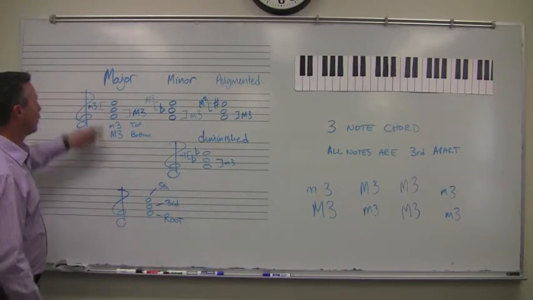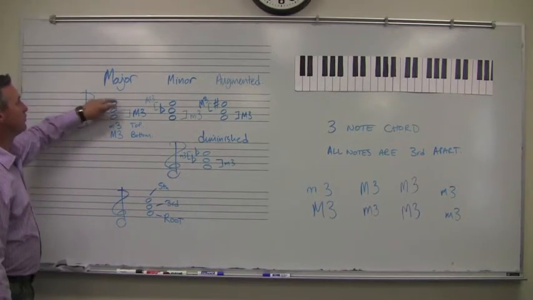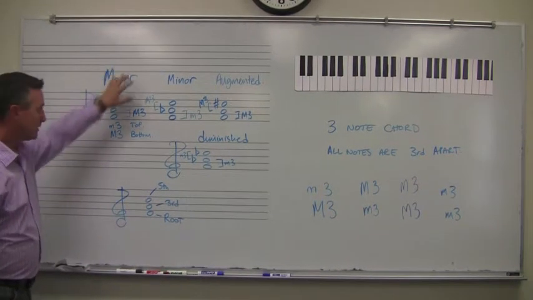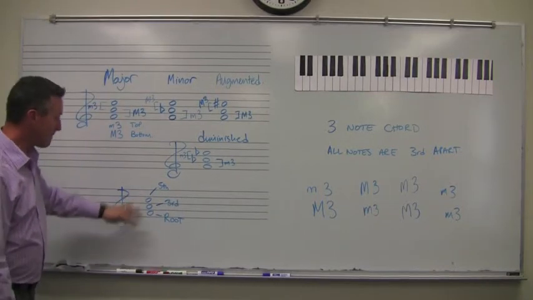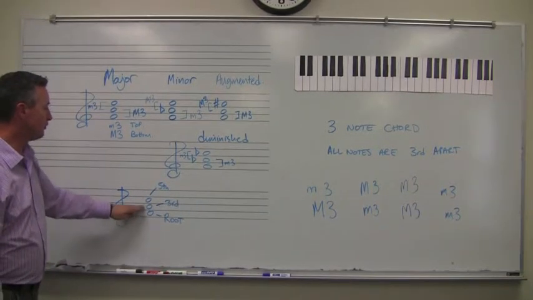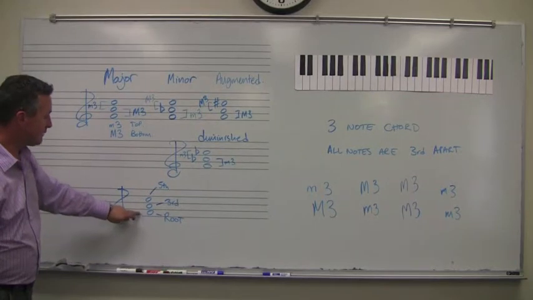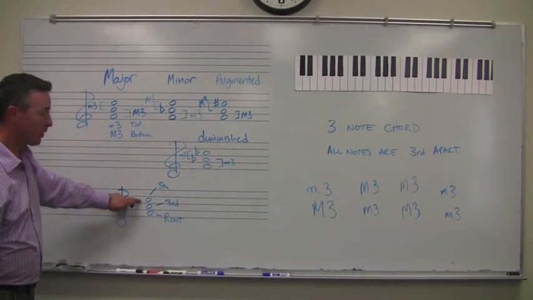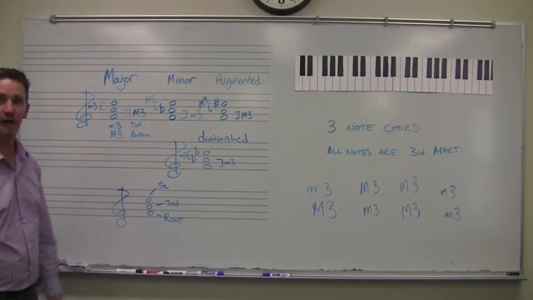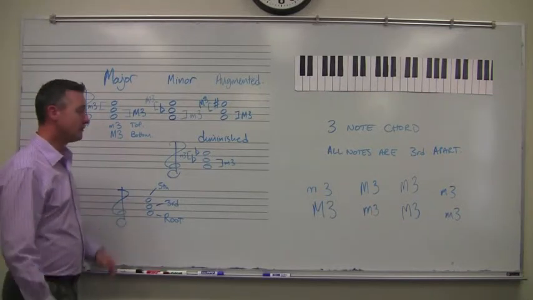So, the combination of thirds is what gives you the name, but we refer to the three members of the triad as root, third, and fifth to do with their interval distance above the starting note, the root note of the triad. All right? So, root, third, and fifth.